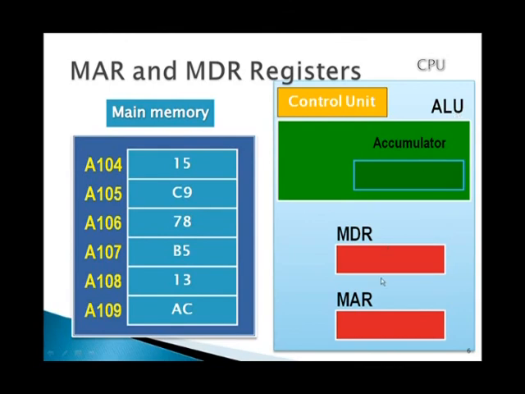Here you can see there are two registers, MAR and MDR registers, that is memory address register and memory data register. The ALU, arithmetic and logic unit, carries out arithmetic and logical operations. The accumulator is used to identify registers.